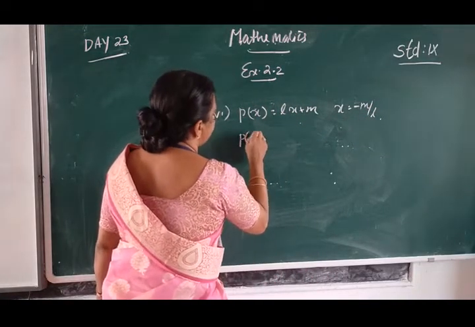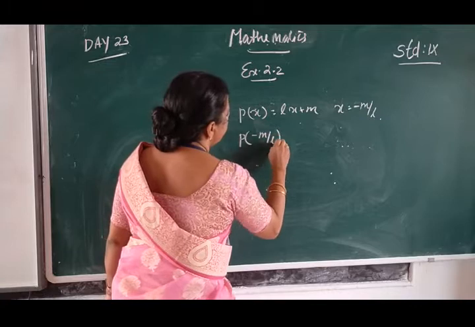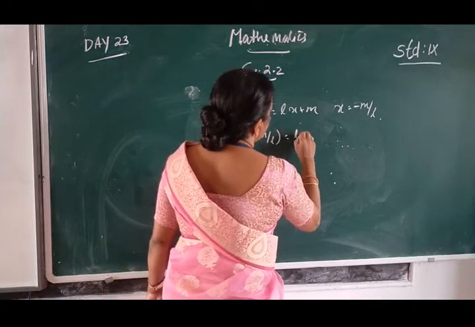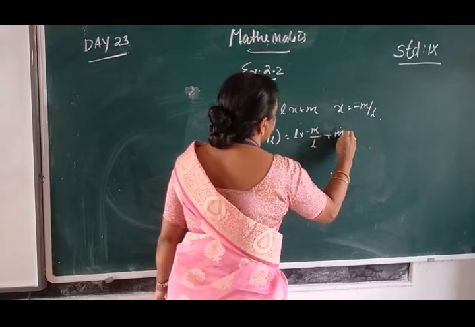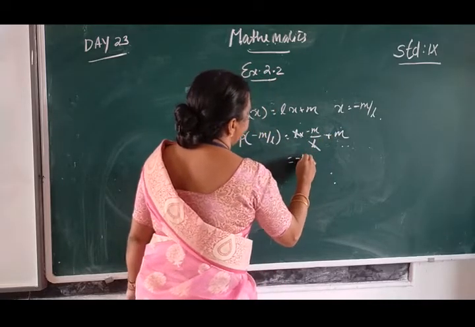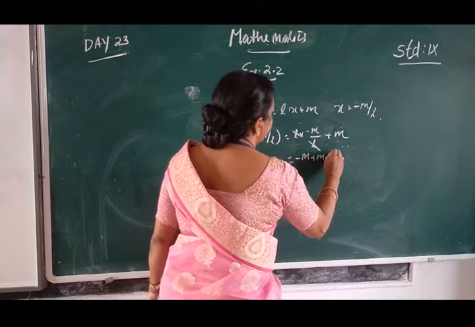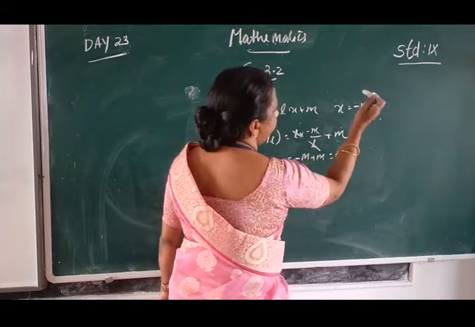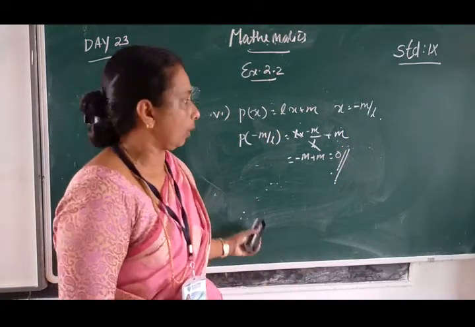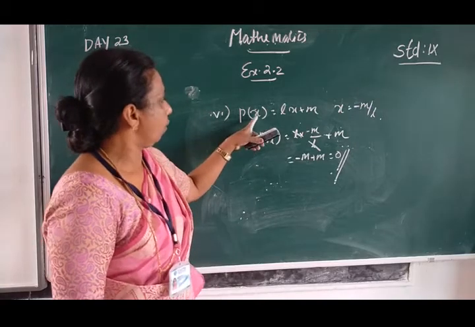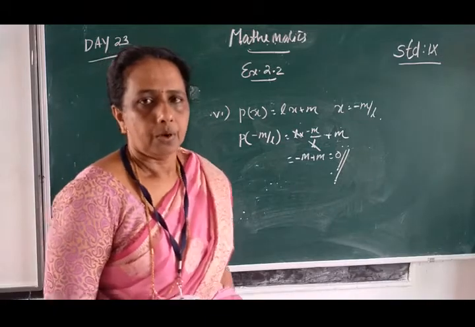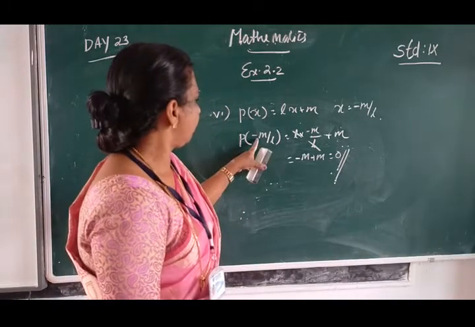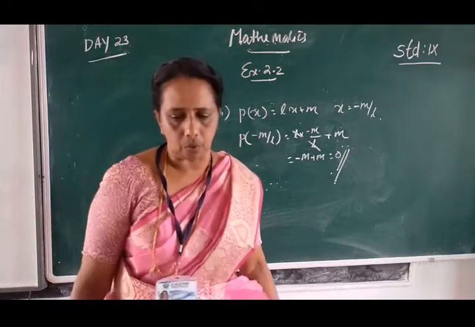In the place of x we put minus m by l. We get l into minus m by l plus m. Minus m plus m we get 0. Therefore, minus m by l is the zero of the given polynomial p of x is equal to lx plus m. Okay? In the place of x we put minus m by l, we get 0.